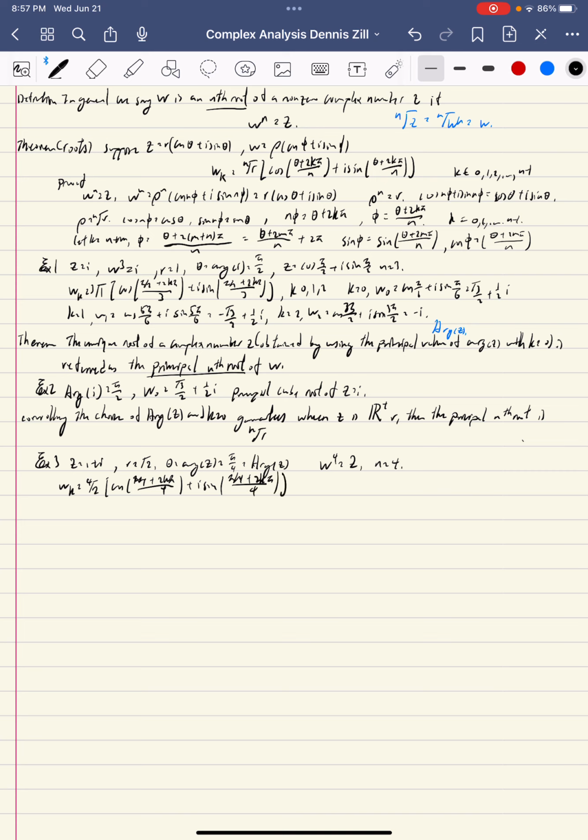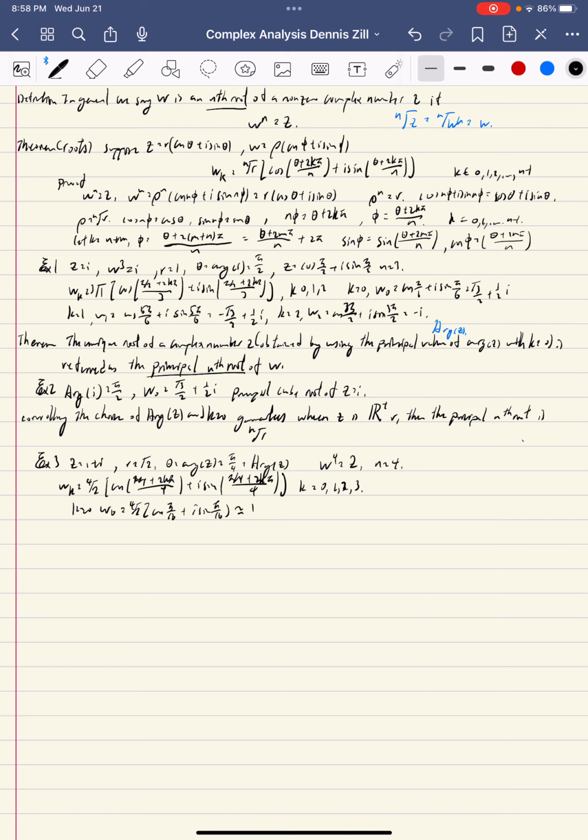And k starts from 0 and goes up to 3, that's n minus 1. So now we want to do k equal to 0. That is w0, equal to the fourth root of 2, times cosine of pi over 16 plus i sine pi over 16.